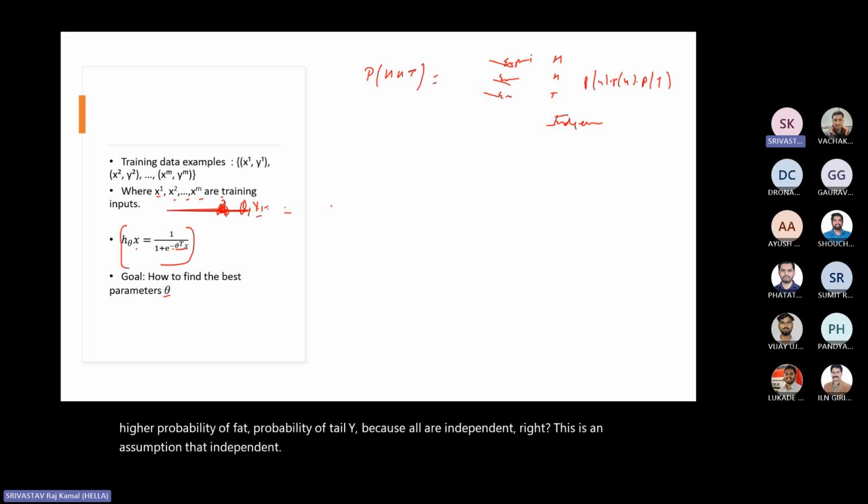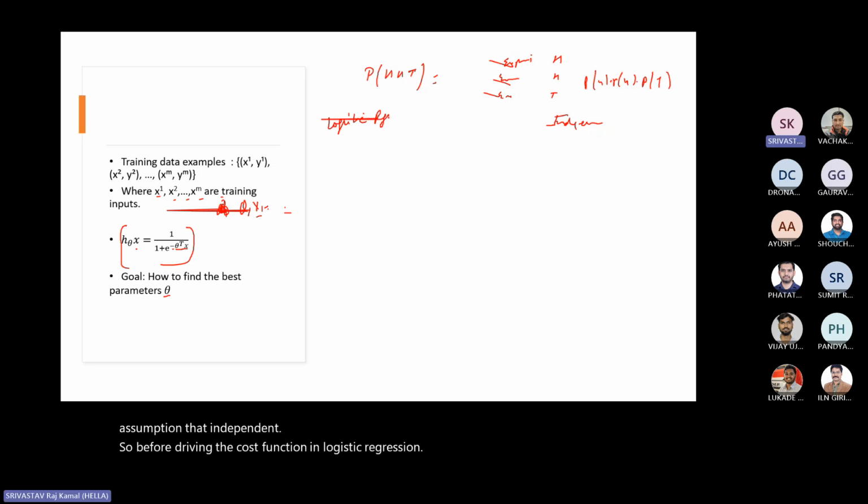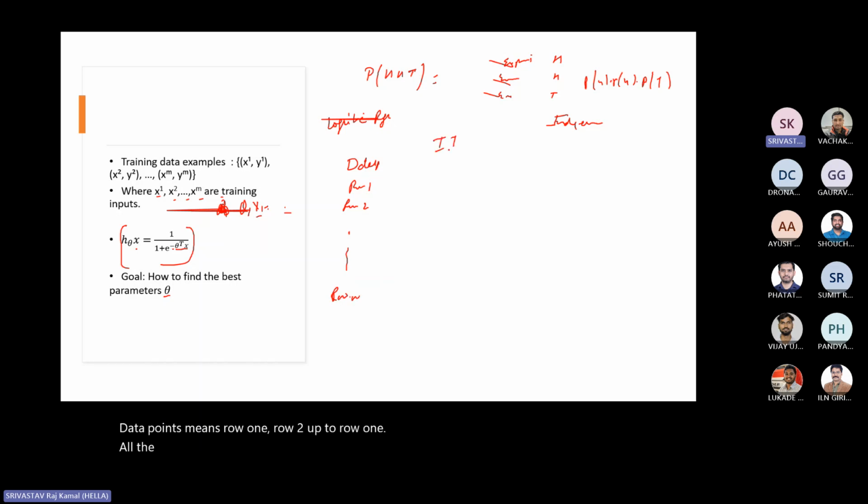So before deriving the cost function in logistic regression, in this algorithm we make one assumption. All the data points, meaning row 1, row 2, up to row n, are IID. They are independent of each other.